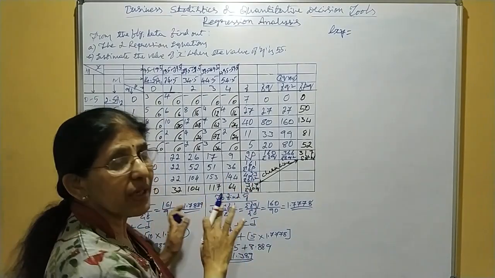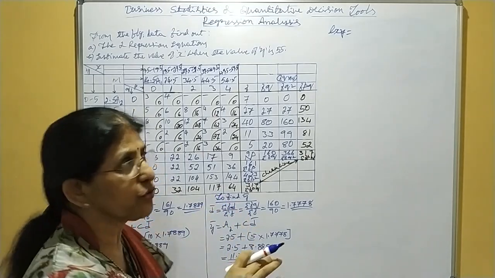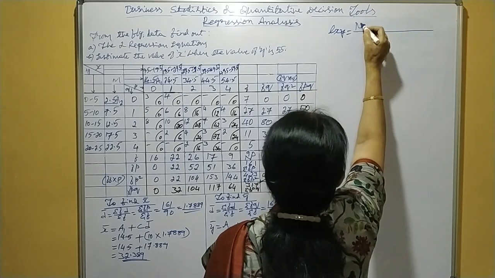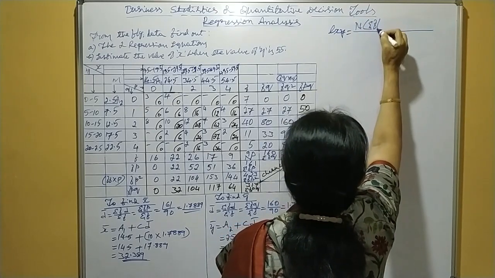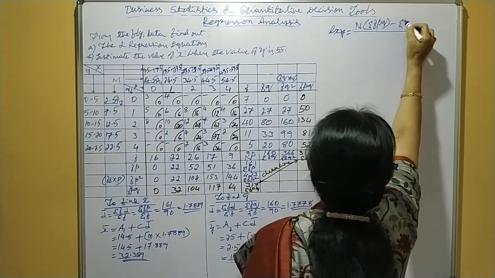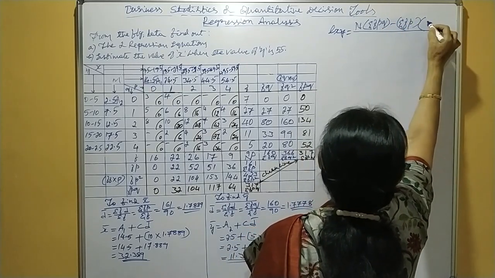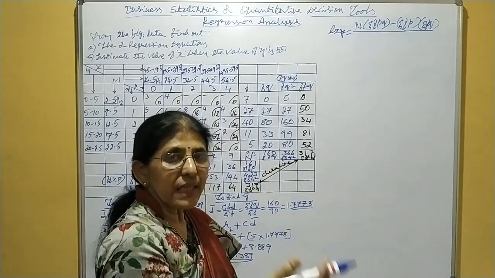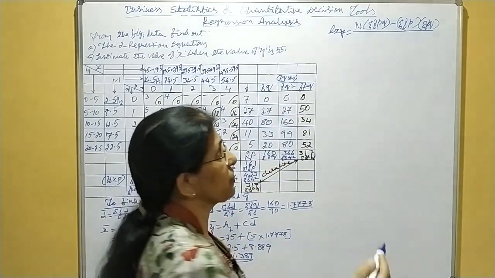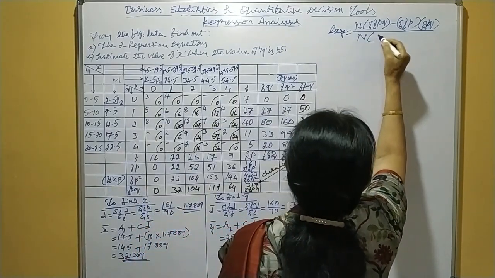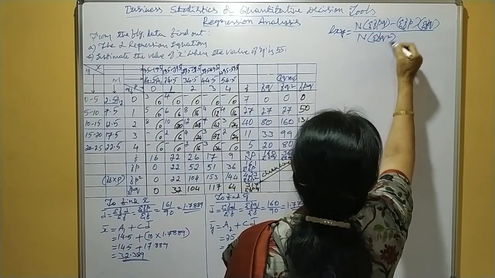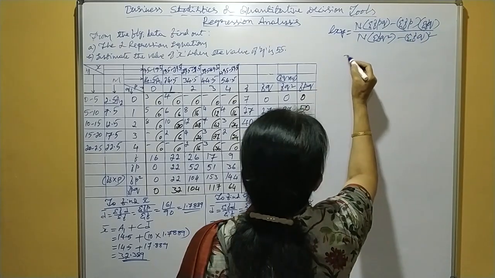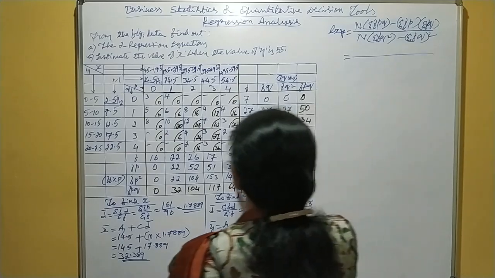Here we have taken deviation from the assumed mean only. The numerator is the same as in the correlation coefficient: n into sigma fpq minus sigma fp into sigma fq. Then the denominator is the second part of the correlation coefficient without the square root, that is n into sigma fq square minus sigma fq whole square.